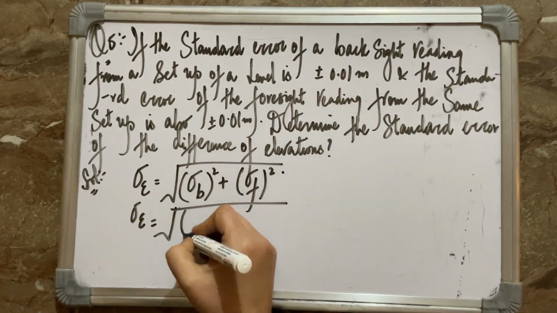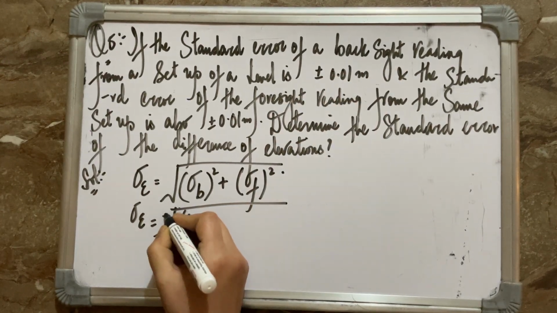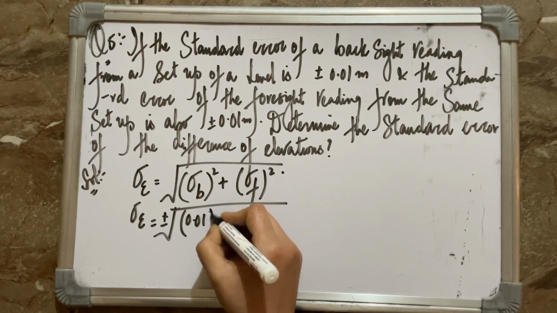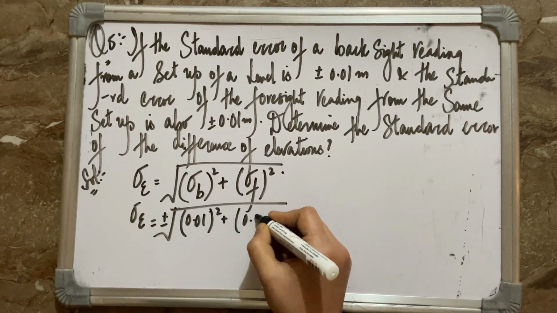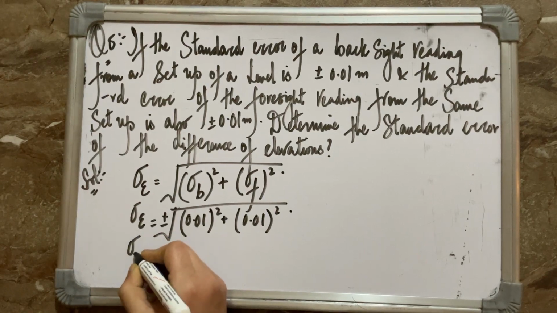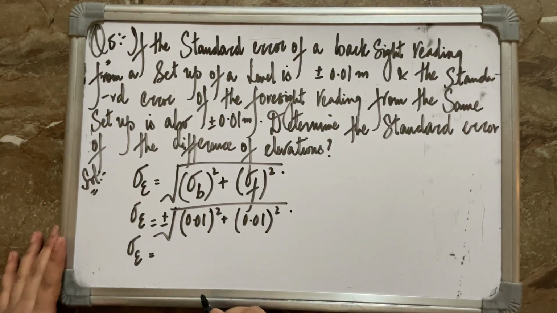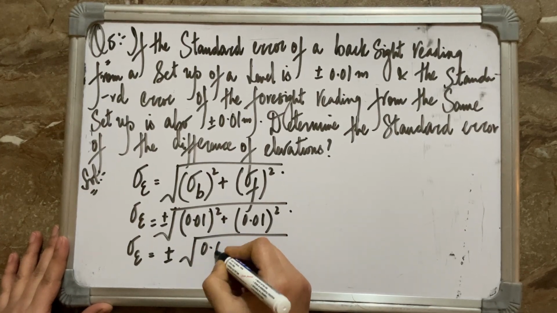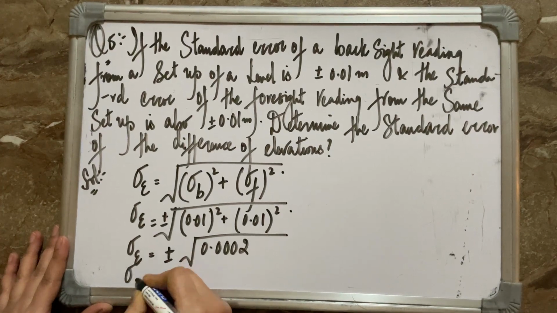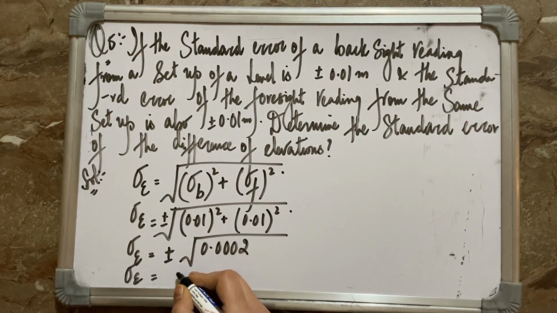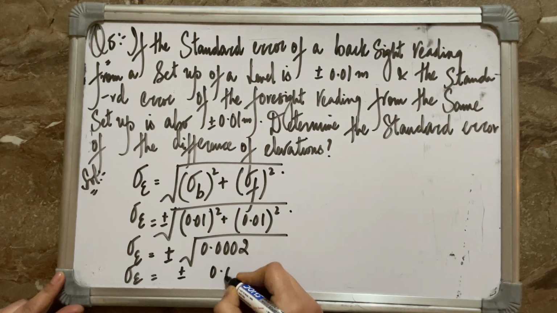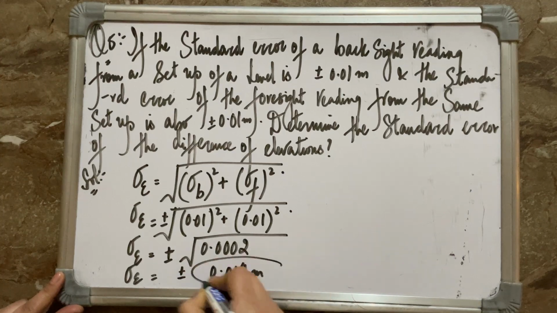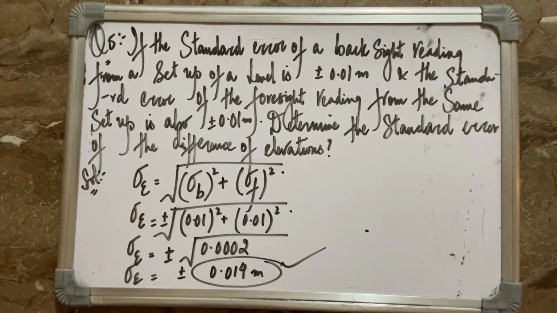Both are the same, plus minus 0.01 meters, square of it, plus 0.01 meters square. So by calculation, the standard error of the difference of elevations sigma E is equal to plus minus 0.014 meters.